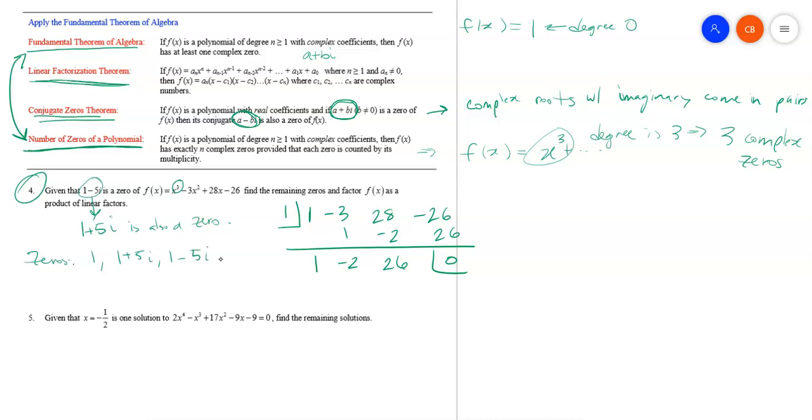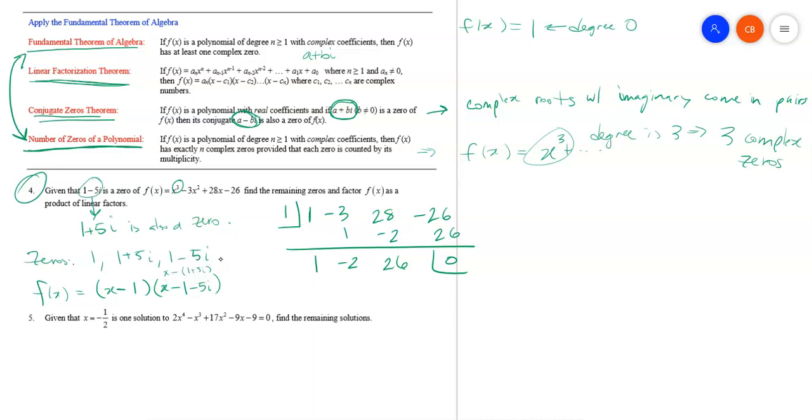And so if we want to write this function f of x as a product of linear factors, we would write them as x minus the zero. So x minus 1. Also x minus 1 plus 5i, so 1 plus 5i will become minus 1 minus 5i, because basically I subtracted x minus 1 plus 5i and then distributed the minus.